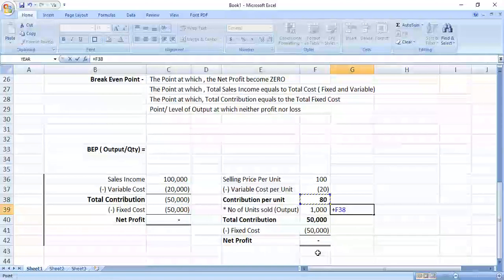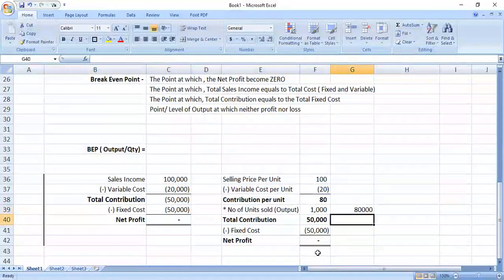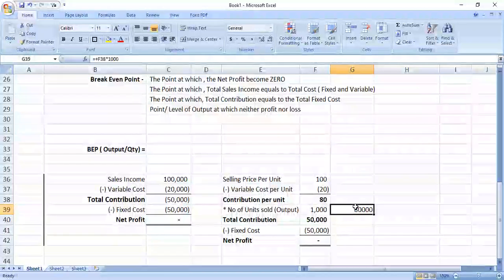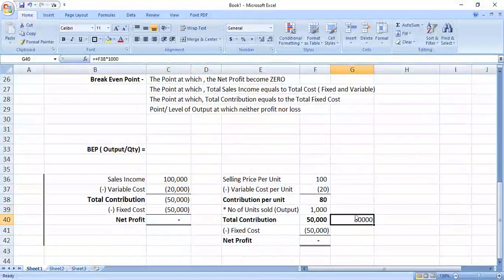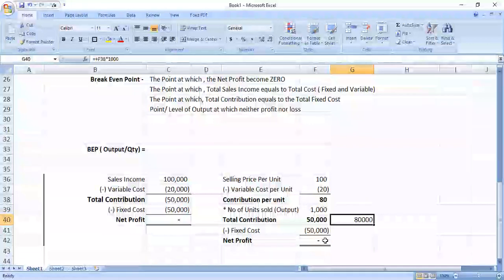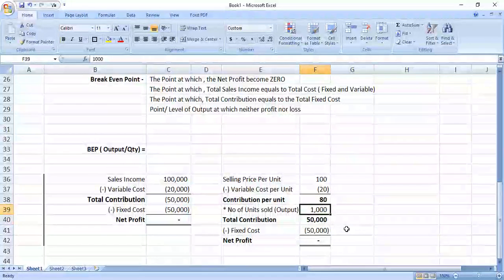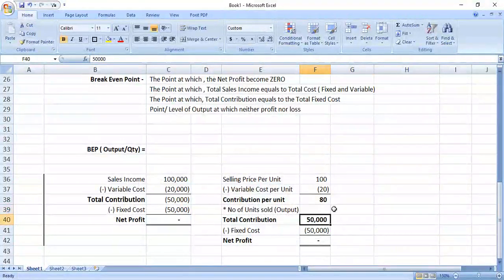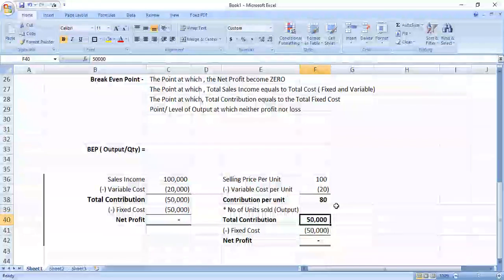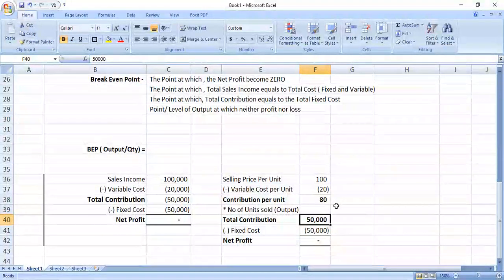If I sell 1000 units as I do, then my total contribution will be 80,000, no? And I will end up in a profit of 30,000. But I want to see at what output my total contribution becomes 50,000. That is what I'm trying to find out.